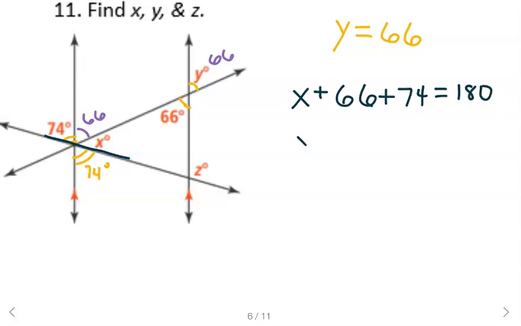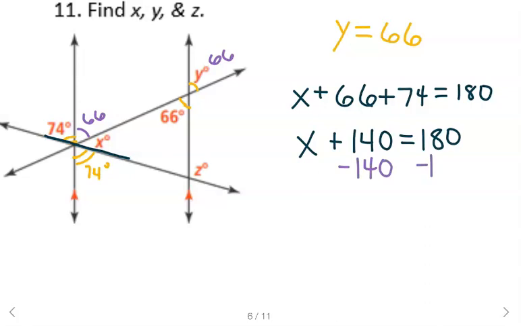Add together the ones that you know, and so you get 140. So x plus 140 equals 180. Subtract 140 from each side, you get 40 for the value of x.